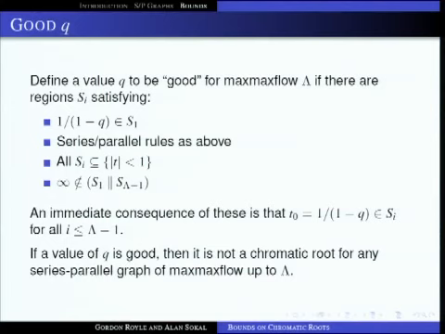All of the S_i stay within the disk, mod T less than 1, and infinity is not in your final operation where you put together something in S1 and something in S lambda minus 1. If you can find these regions, then Q is not a chromatic root.